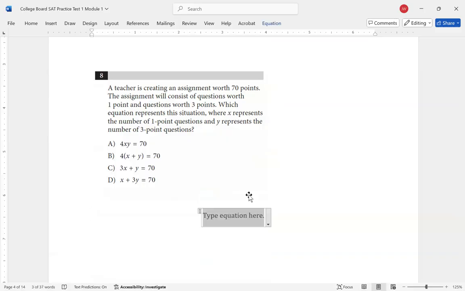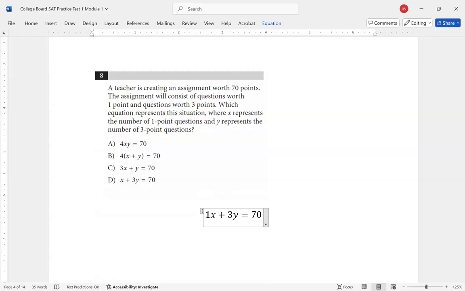If x represents the number of 1-point questions, then 1 point for every question, that's how many points we're going to have from 1-point questions. If y represents 3-point questions, then the number of points we're going to have from questions in the category of y is 3 times y. So 1x plus 3y has to give me the 70 points total.